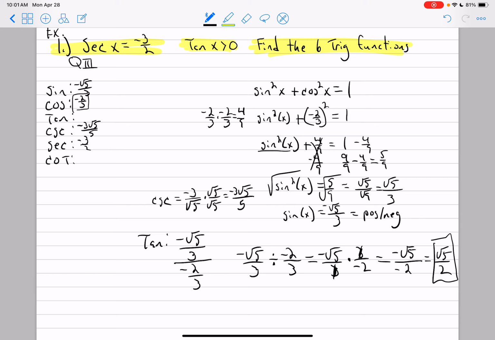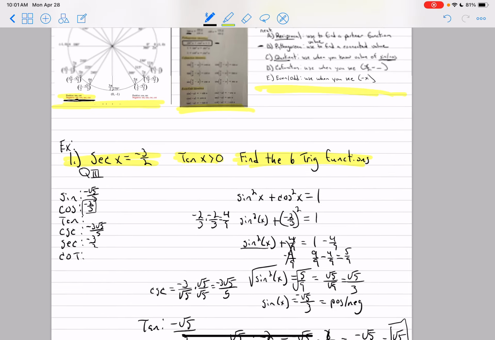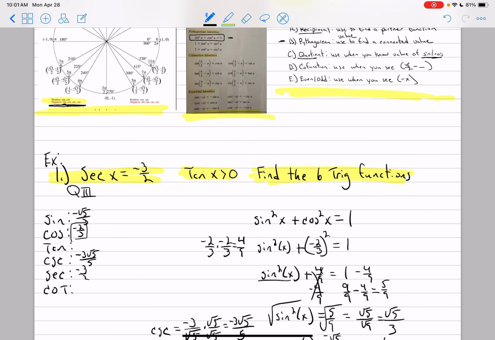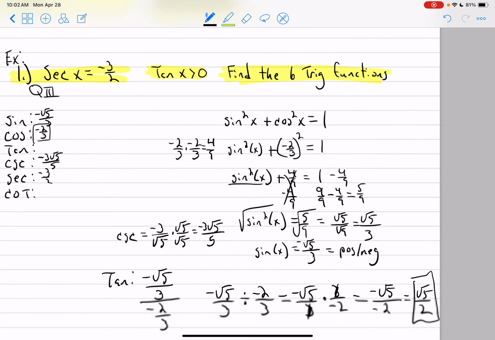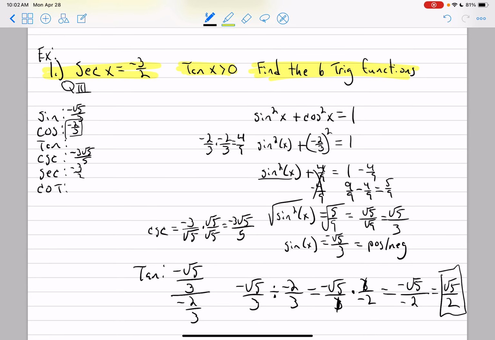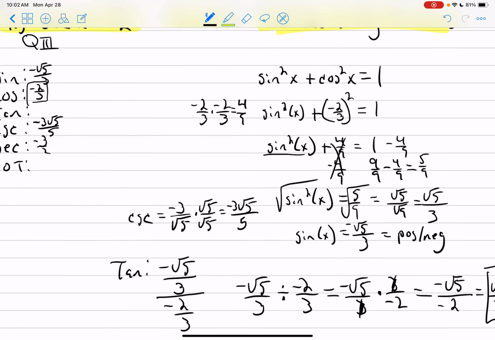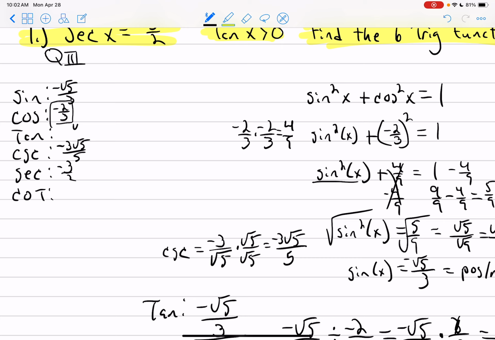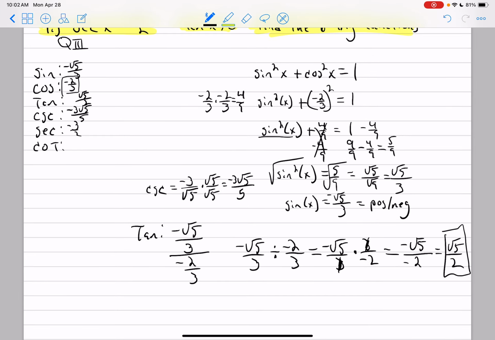That is my tangent. Notice it's positive, and let's check up here. Oh yeah, if I look up here, the tangent should be positive because we're in quadrant 3. See how it all goes together. So the tangent became root 5 over 2. I'm going to leave more space when I do that next time.